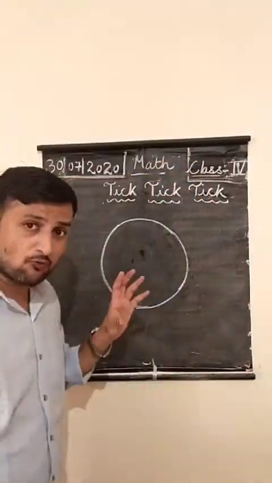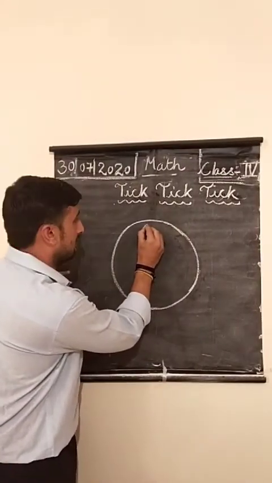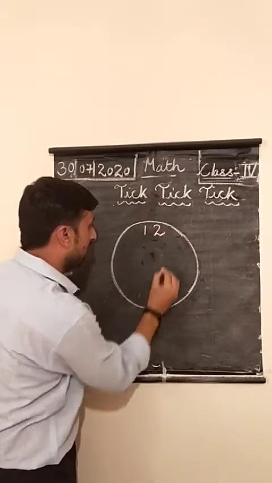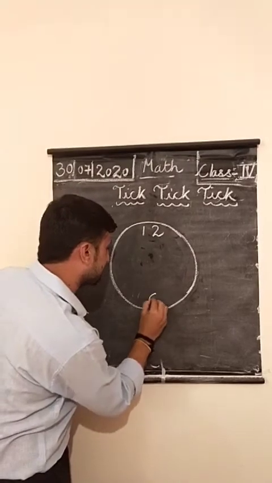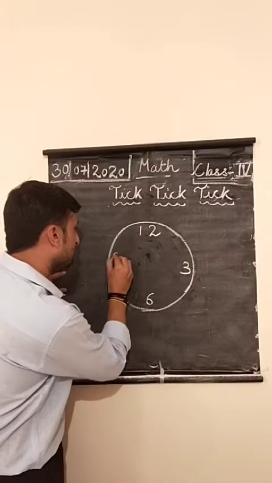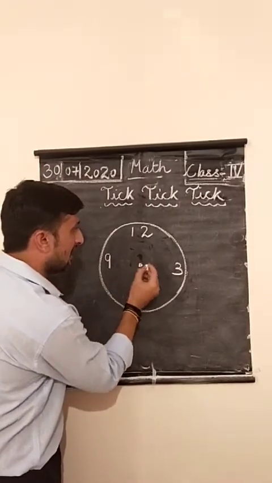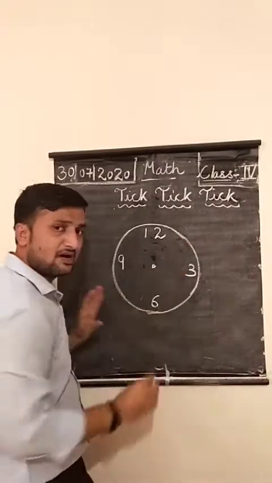See, first of all, how we will make the clock. We have to start with 12. Now write the opposite of 12, which is 6. Then here 3. Then here 9. Now put a center. After this, write all the numbers which come on an analog clock.